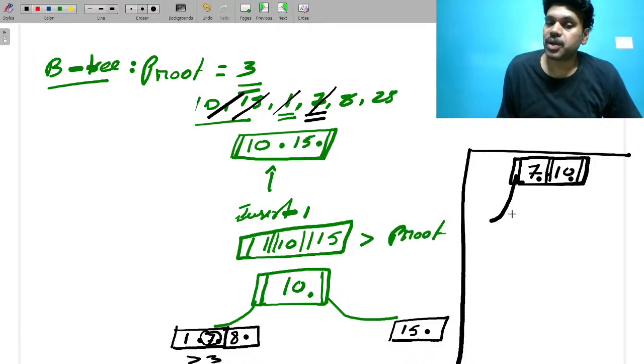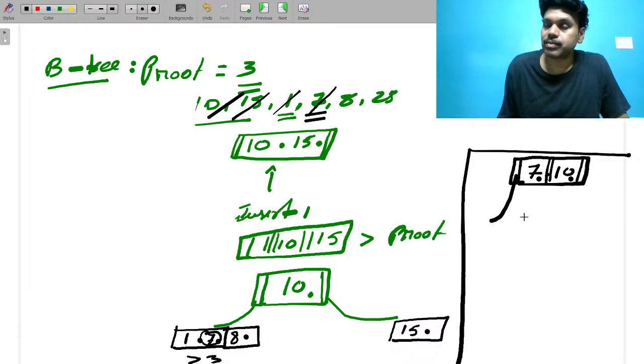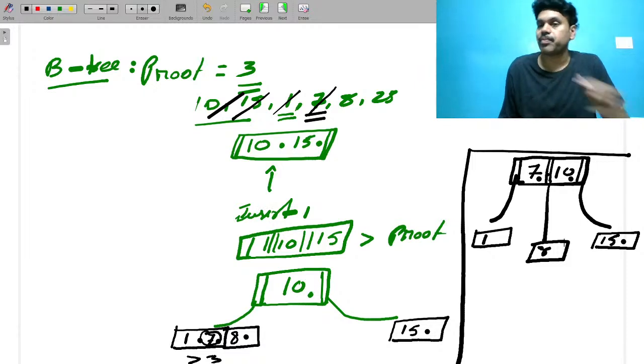What are you going to have at the left hand side, and what are you going to have at the right hand side? Your right hand side is as usual 15, and the left hand side you are having 1, because 7 has already moved up, and in the middle you are going to have 8.